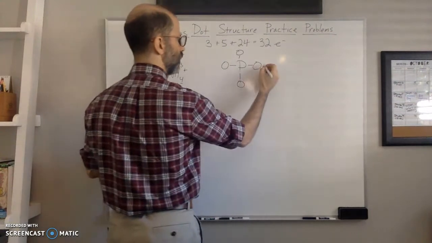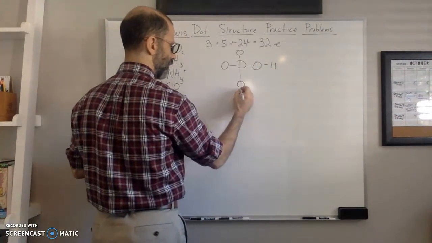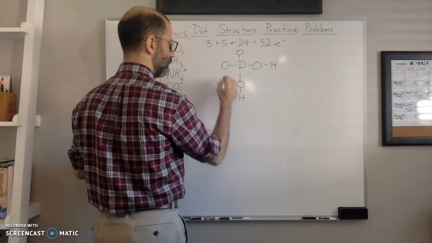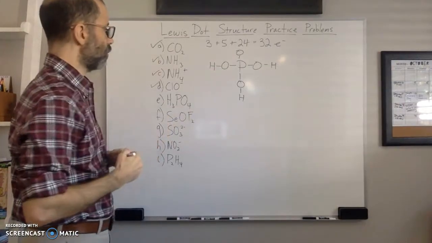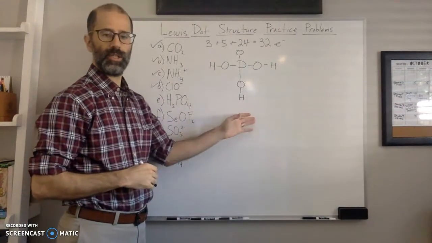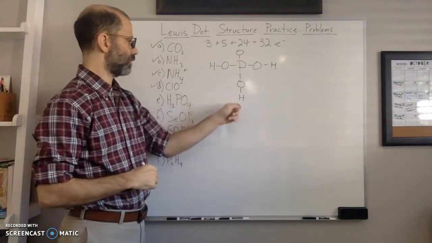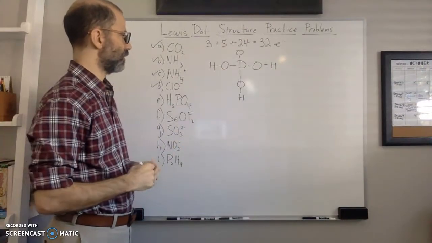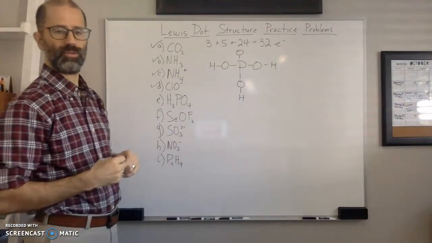So I'll do these 3 since I gave myself some space, and there's no space up here. Okay. So this is my skeletal structure. So the acidic hydrogens are bonded to the oxygens, and this oxygen doesn't have anything bonded to it. Okay, so we've got our skeletal structure.